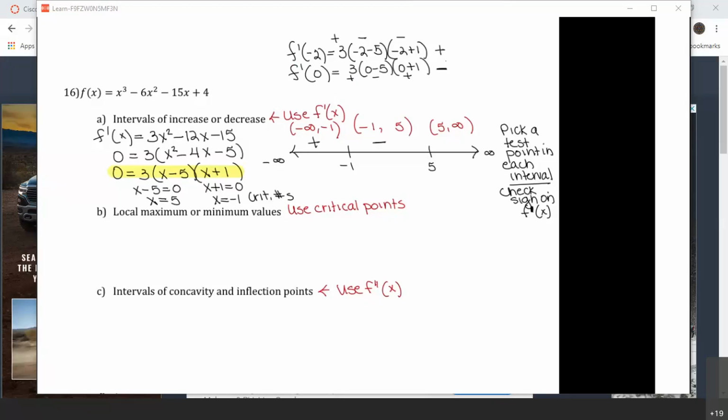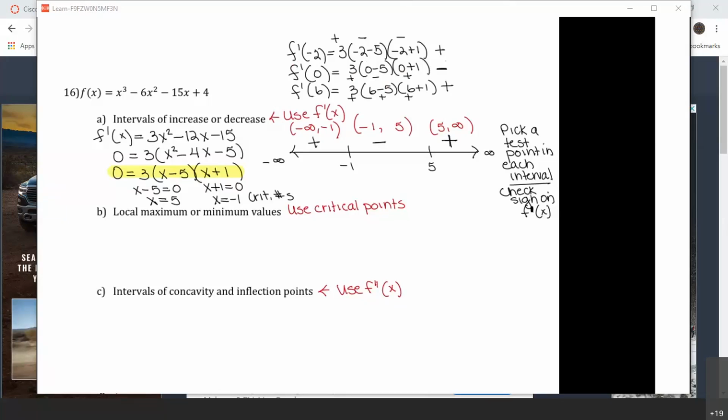And then the last one is going to be, probably 6, only because it's close to 5. So this is 3 times 6 minus 5, 6 plus 1. I think you can see these are all positive. So the sign's positive in this interval. Again, I'm just checking the sign of the derivative at a test point in each interval.